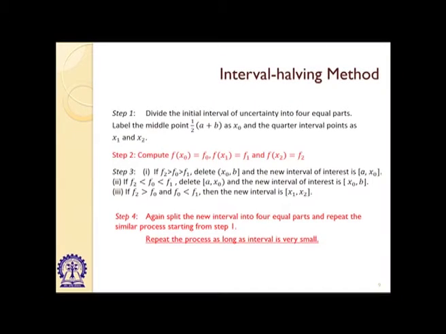We will repeat the process as long as the interval of uncertainty is not very small, or until we reach a certain target accuracy, say 10% or 5%. This process can give us that kind of accuracy. In that way we will get the solution.